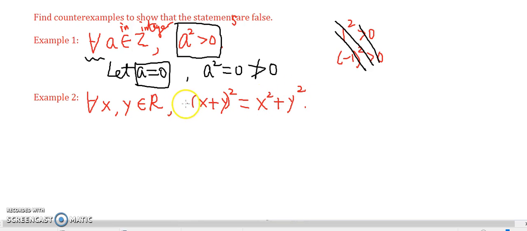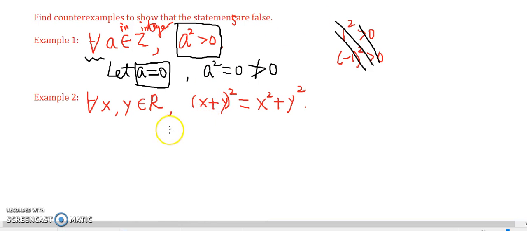Well, this actually is a common mistake in algebra class. A lot of students thought this was true. Actually, it's not true, because we can find a counterexample or more counterexamples. Here we just need to give one counterexample.